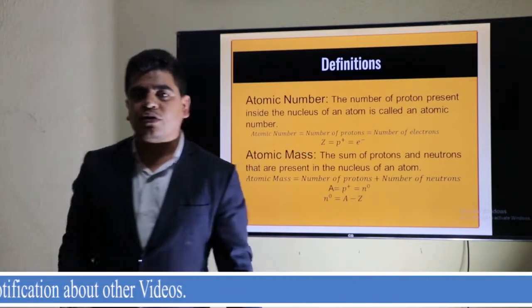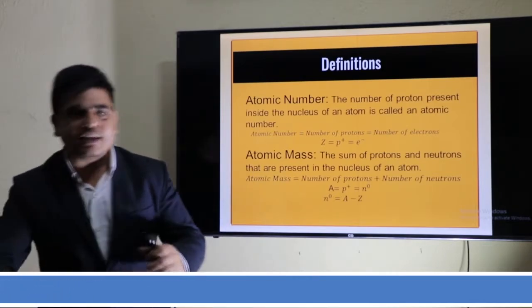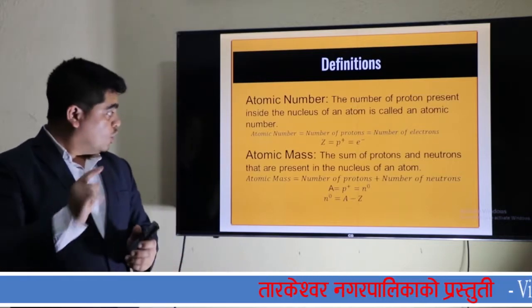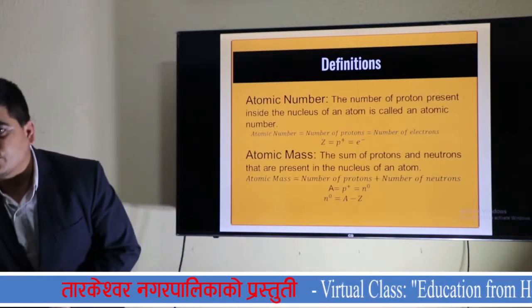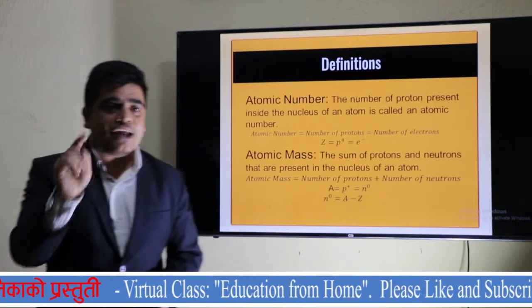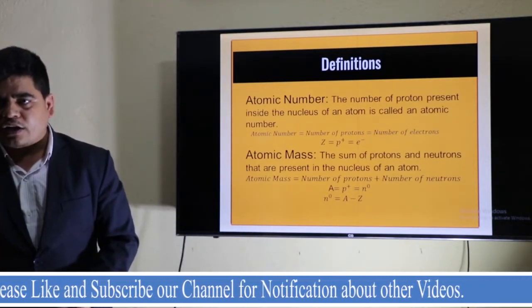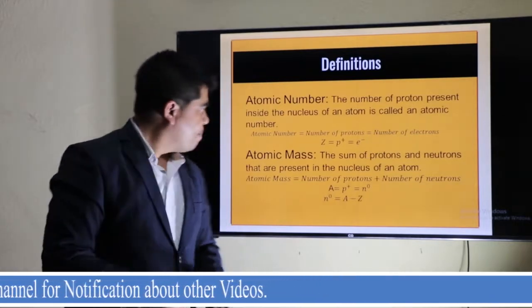The sum of the protons and the neutrons present inside the nucleus of an atom, that we call it atomic mass. So atomic mass is equal to the number of protons plus neutrons. The number of protons is P+ and the number of neutrons is N0.